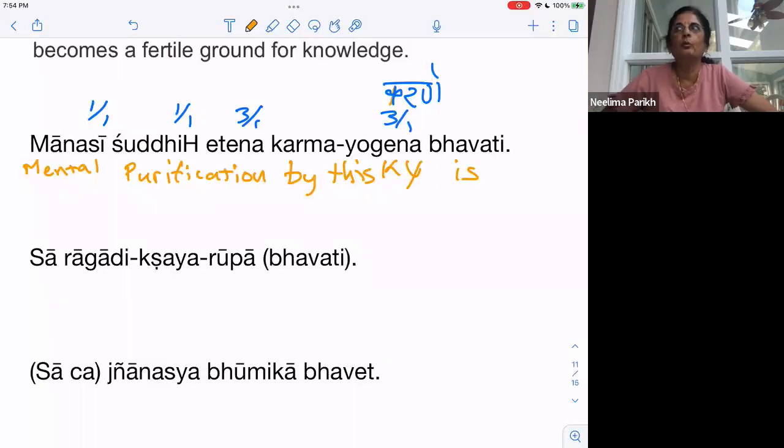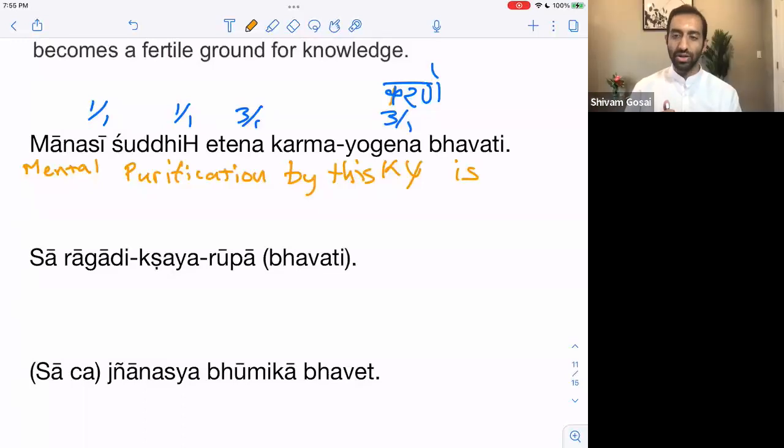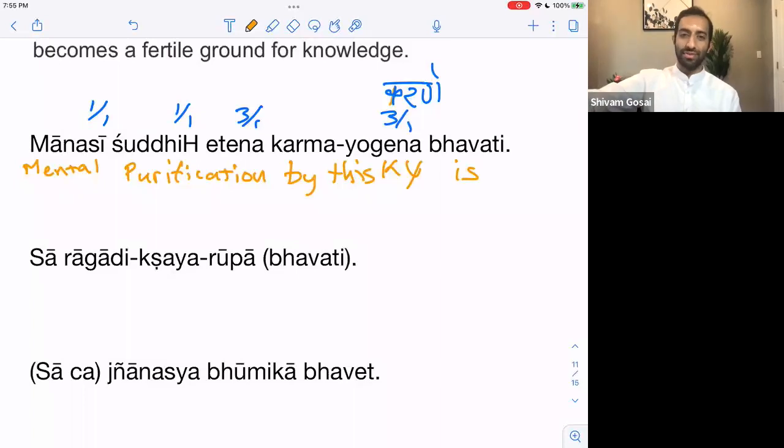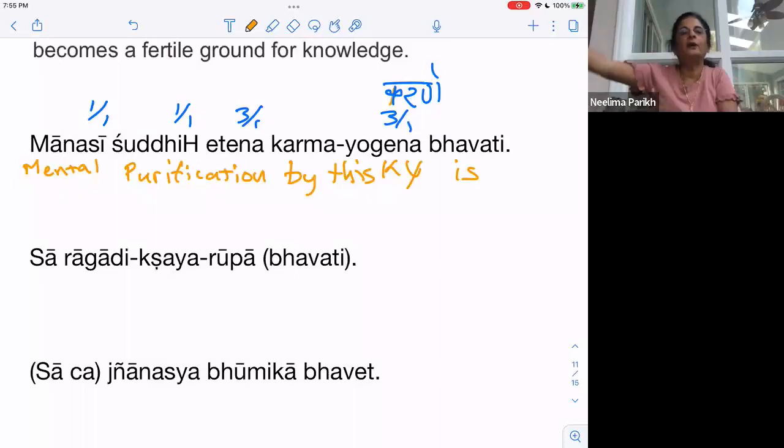Just to make it more prominent or more significant, to give more value to it. Okay, to put more value to it. So what's the difference between tad and etad? Tad is that, and etad is this. But that is far away and this is close by.